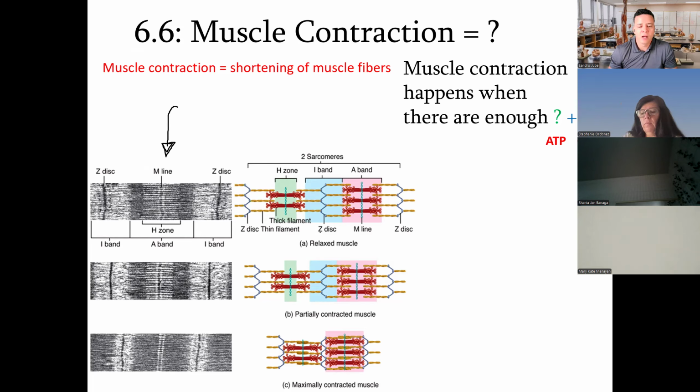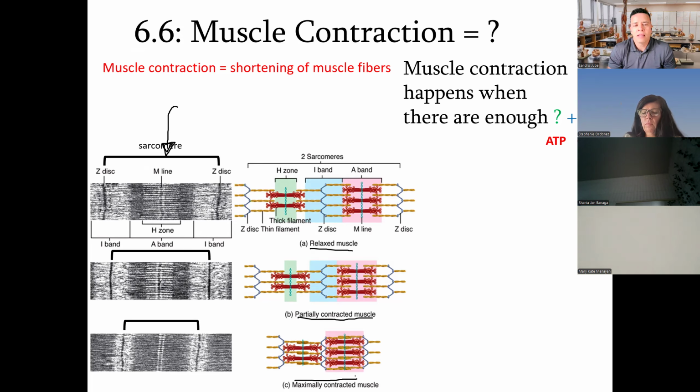We have a muscle cell that is fully relaxed. We have a muscle cell that is partially contracted. And we have a muscle cell that is fully contracted. Now, I want everybody to look up here and take a look at the sarcomere of the cell in different states of contraction. We can clearly see the sarcomere becoming shorter.